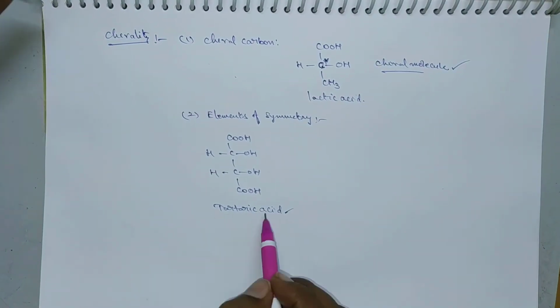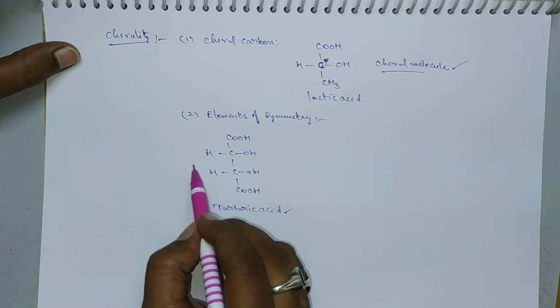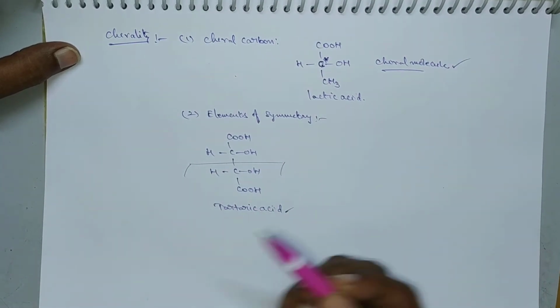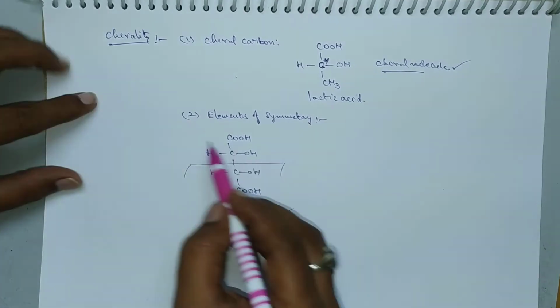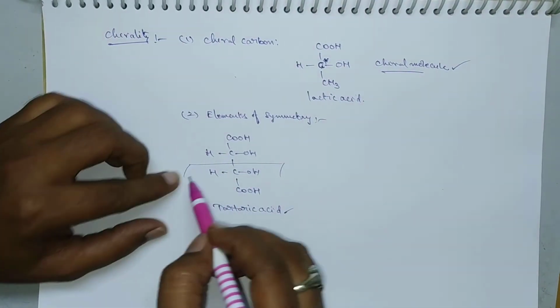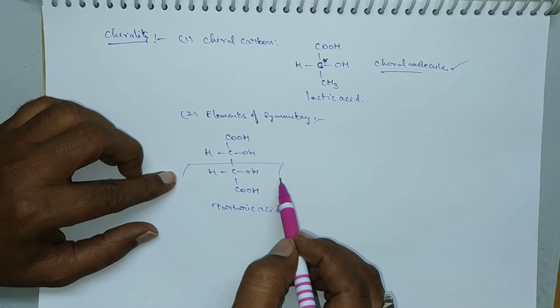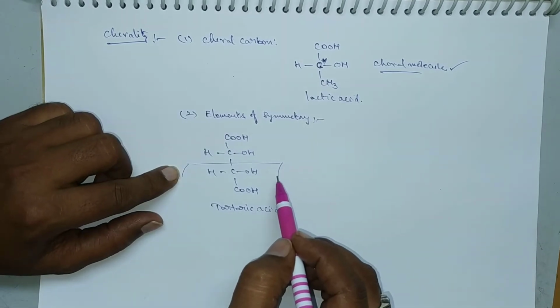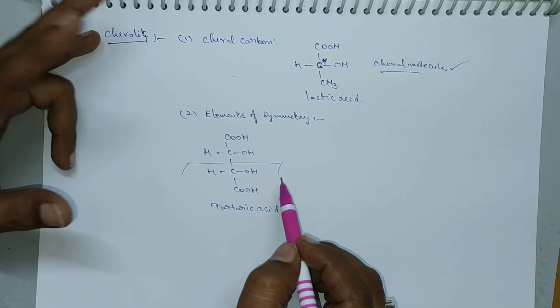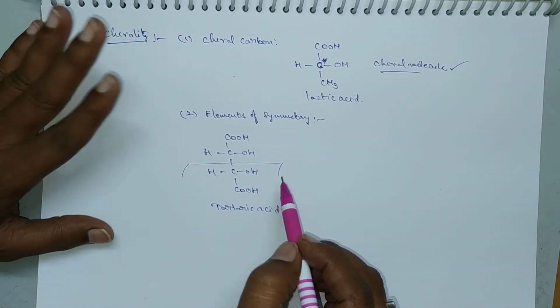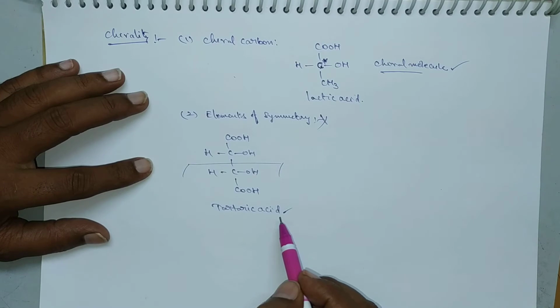This tartaric acid molecule will have a plane of symmetry in this direction. This plane divides the molecule into two equal halves. So that's why this tartaric acid possesses elements of symmetry. You can consider any: plane of symmetry, center of symmetry, or axis of symmetry. For optical activity, the molecule should not possess any elements of symmetry.